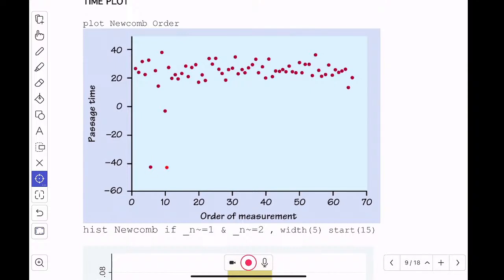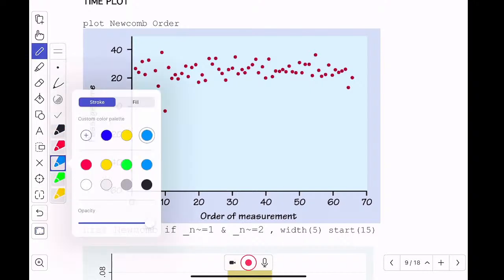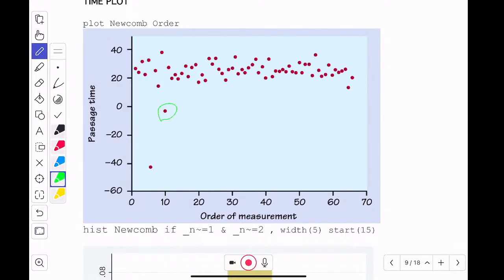So what you see is that these values occurred early on, but never again. So could it be that these were the result of something else, not to do with the phenomena of the speed of light?